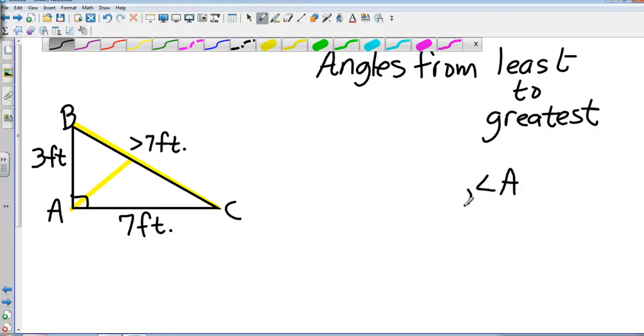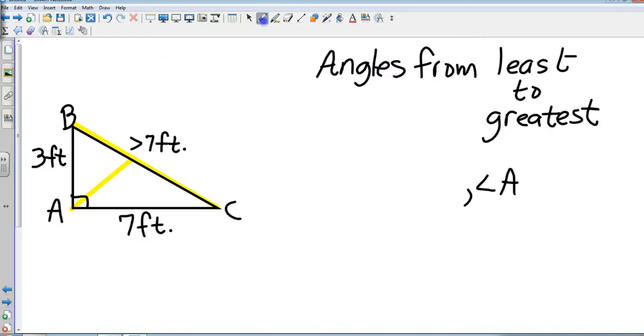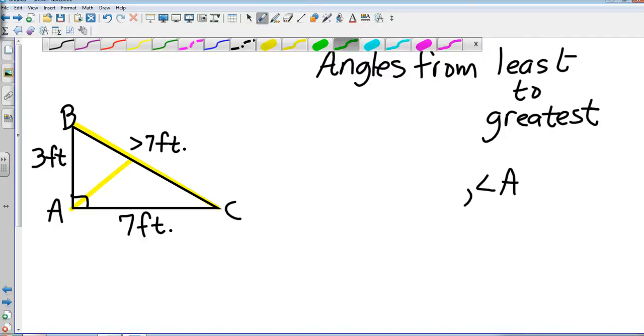So let's go ahead. I should have done it from smallest to biggest anyways, but that's okay. Let's go a different color. Let's go green. And I'm going to go the middle one. And so here's my middle length line. And if I draw diagonally, that's going to be angle B. So angle B is the middle angle.